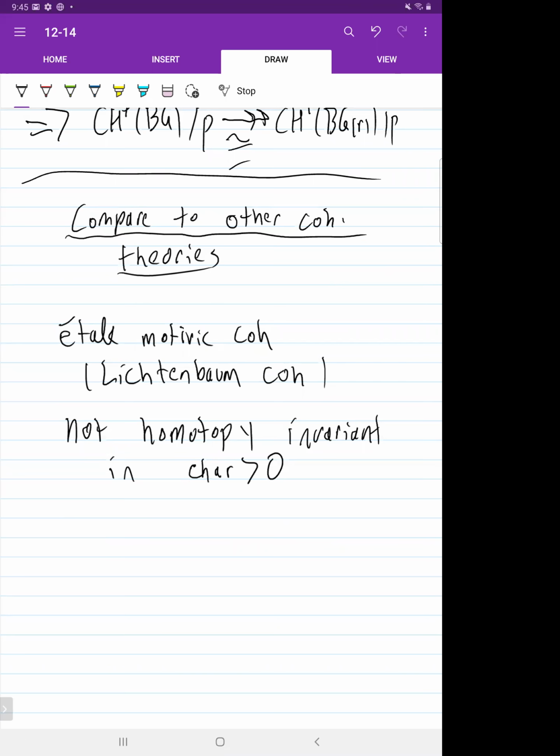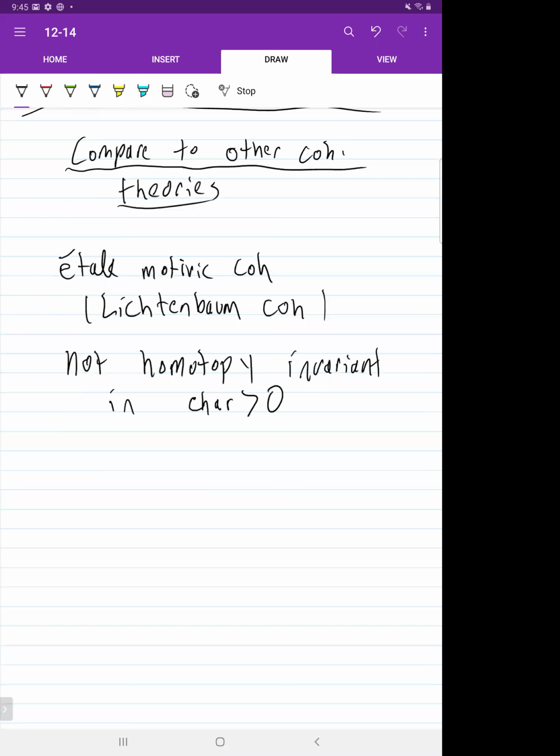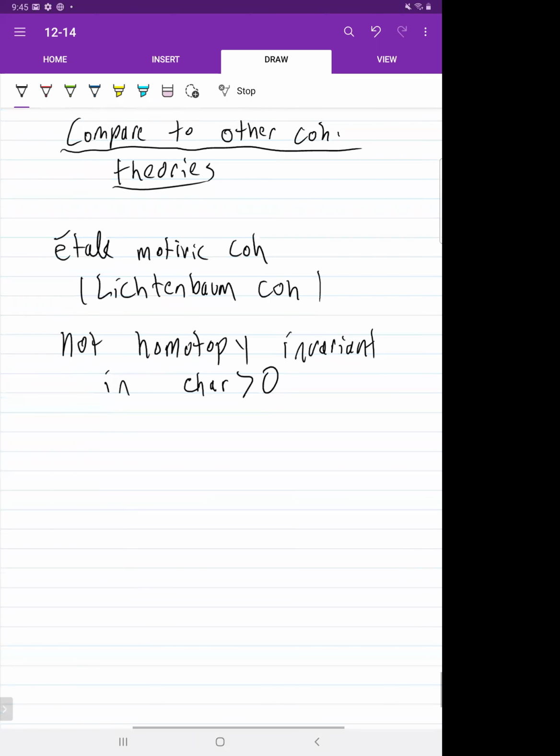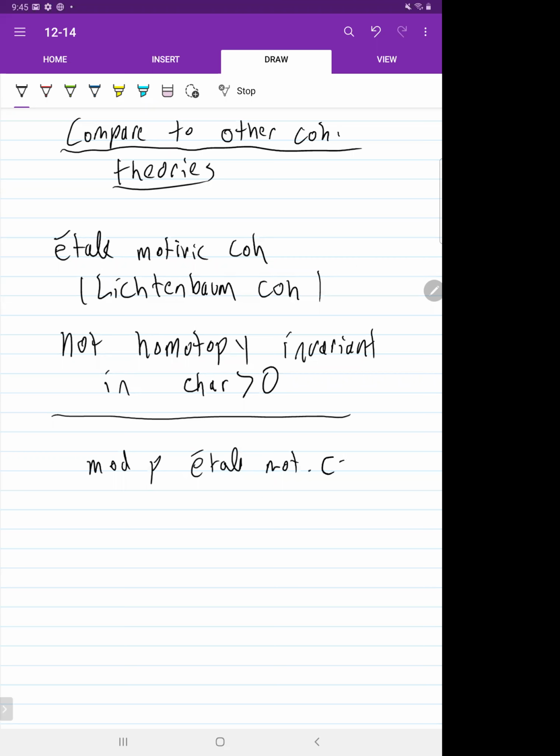So to do this, we're going to consider sort of a different object than the classifying space. So I want to talk about mod P étale motivic cohomology, assuming that the base field again is characteristic P.